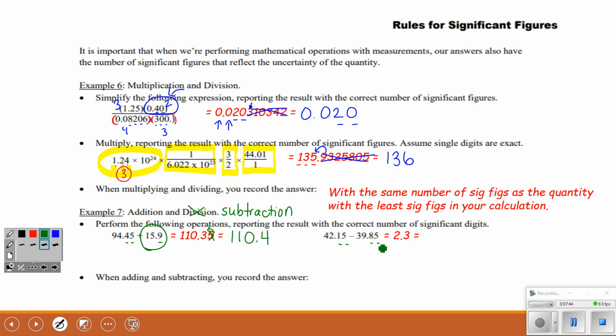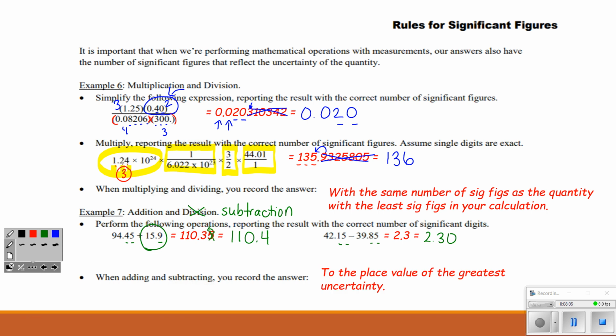So since you need 2 places following the decimal and you only have 1, you've got to add in a 0. So this would be expressed as 2.30 to match the precision of both of those measurements. So when you are subtracting, you record the answer to the place value of the greatest uncertainty.